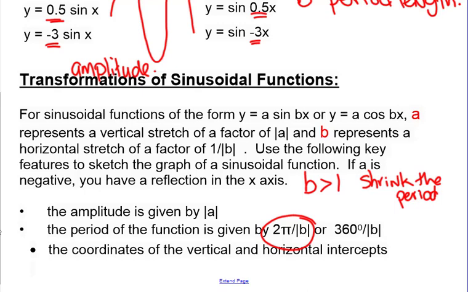If your b is less than 1 but greater than 0, so that's things like fractions, 1/4, 1/3, 2/3, 3/4, that is going to stretch the period or make the period longer. And then also the coordinates of vertical and horizontal intercepts. All right.